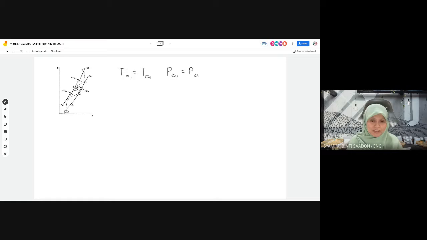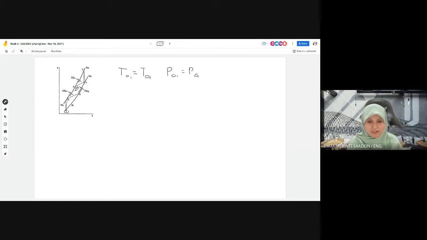So which expression can we use? Since we know the temperature and pressure of the first point, we have to find a relation that links point one to point two, the compression process.